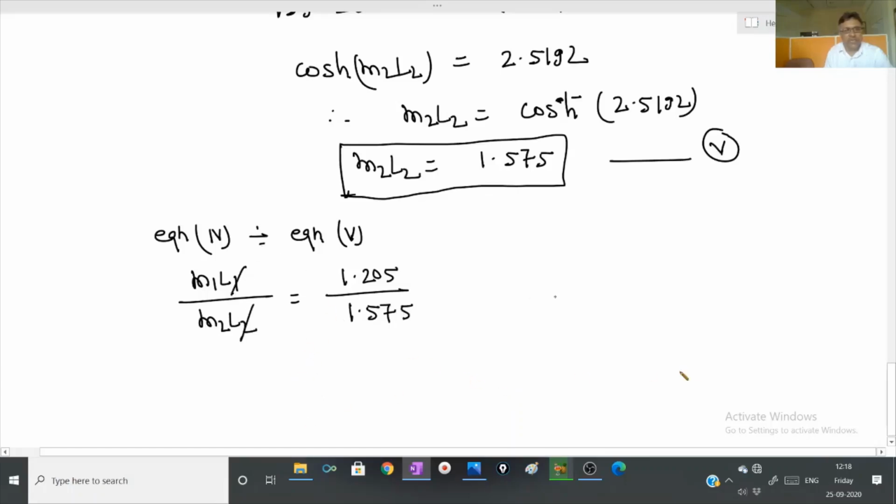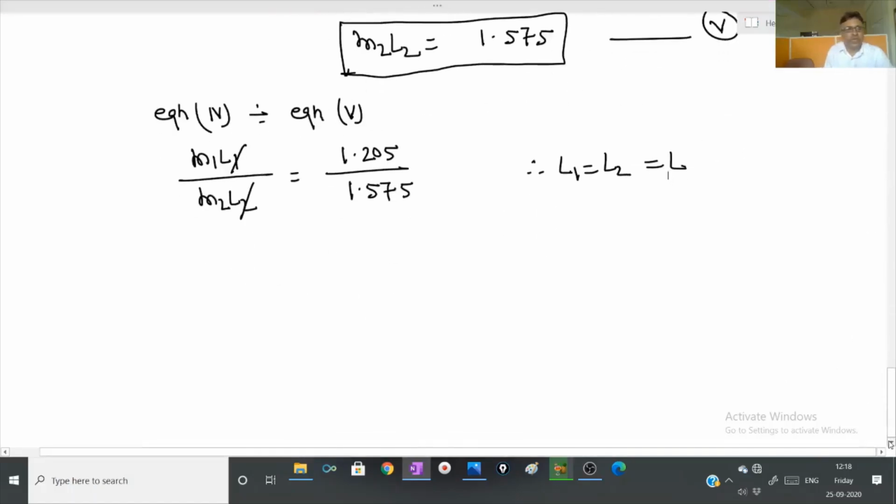L1 will get cancelled because L1 is equal to L2. So what I will get is m1/m2 = 0.765.